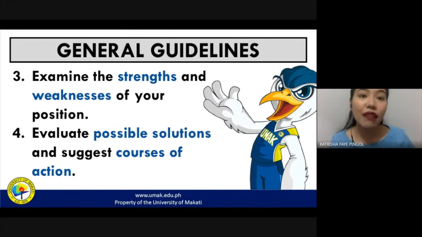And aside from that, not only the solutions, how are you going to reach those solutions? How are you going to implement them, or how are we going to have those solutions at the end of the day? How are we going to solve the problem at the end of the day? Now, you can do this by, of course, suggesting different courses of action.